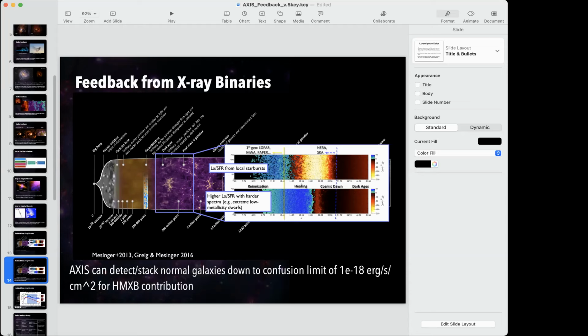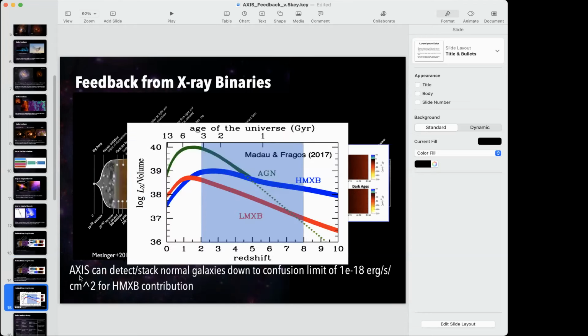In fact, population synthesis models accounting for binary evolution and the evolution of the star formation rate and the metallicity predict high mass X-ray binaries may dominate X-ray emissivity at high redshift.